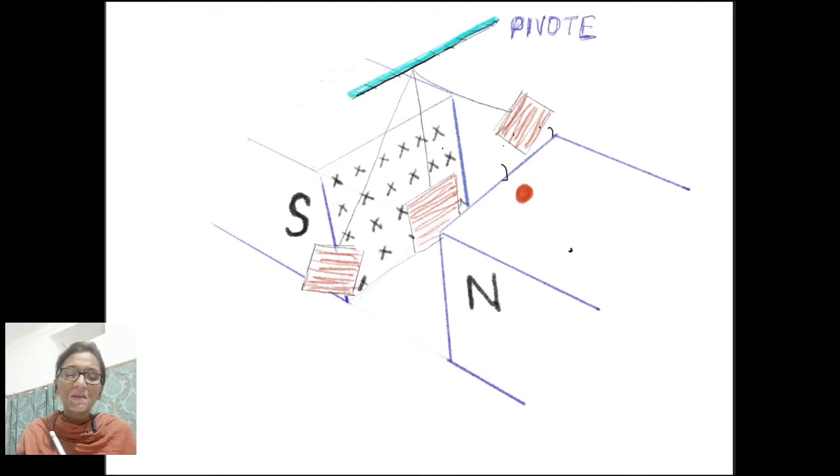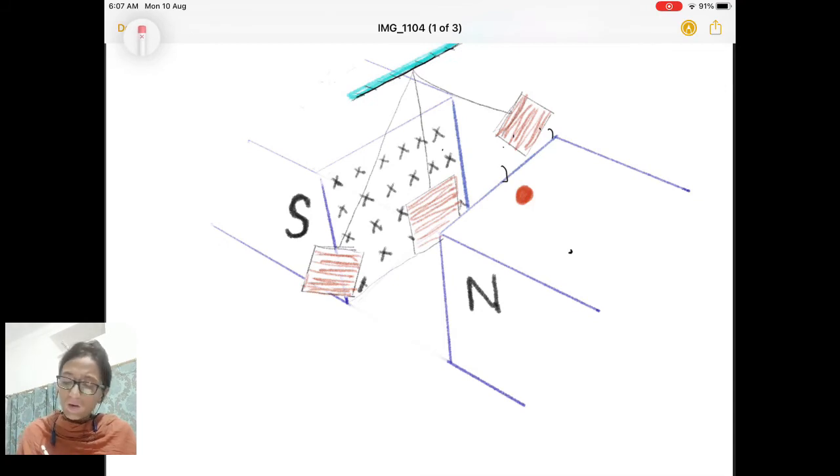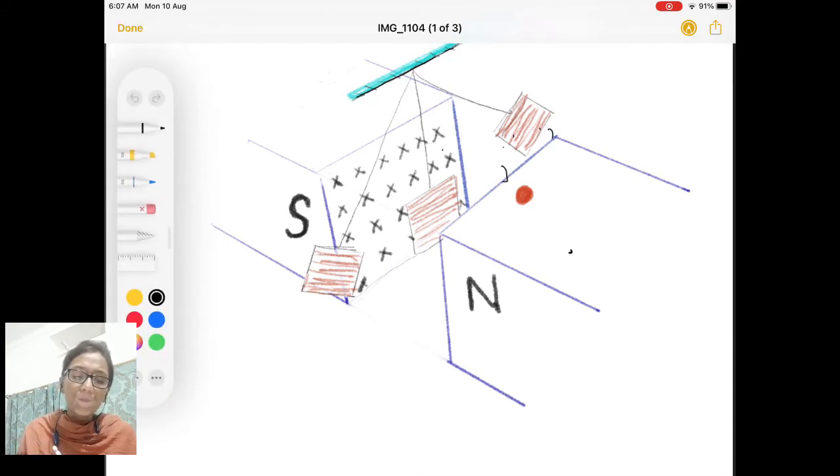I have taken copper. This is your copper plate.